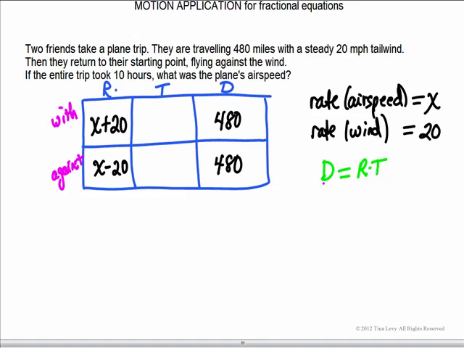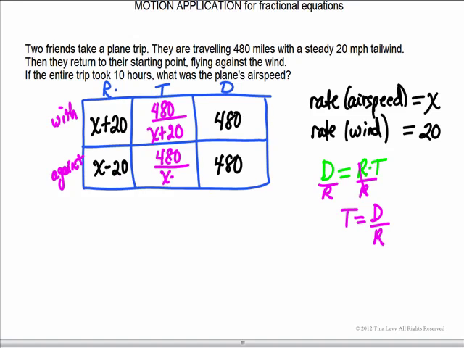If I divide by r, I get time is distance over r. That's what I'll be using to fill in the time column. So the time when you're going with the wind is distance 480 over the rate, which is x plus 20. The time against the wind is distance 480 over x minus 20.